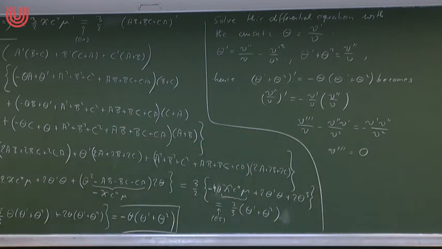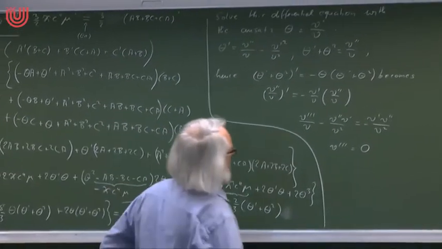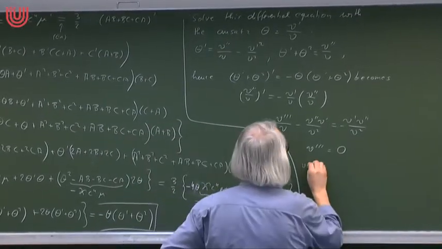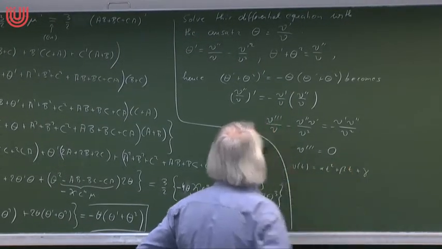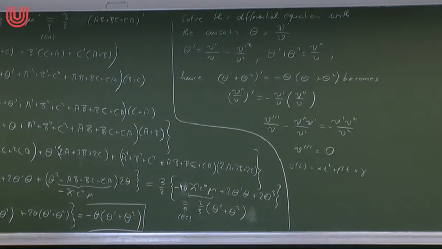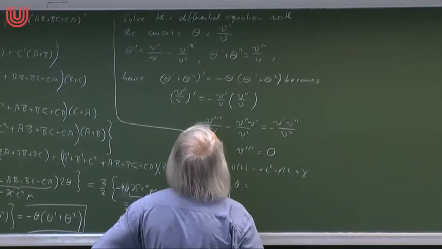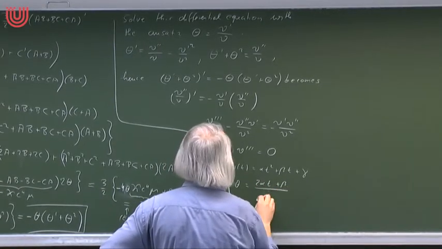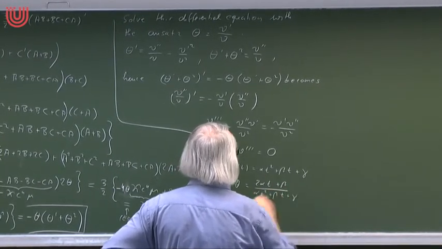Yeah? I think I can solve this. It means that it must be a second-order polynomial in the time, right? So v of t is alpha t squared plus beta t plus gamma. So we have found our theta. Theta is v prime over v, which is 2 alpha t plus beta over alpha t squared plus beta t plus gamma.